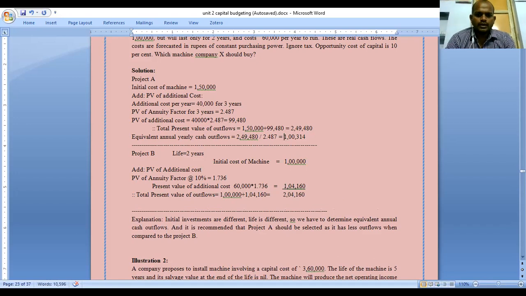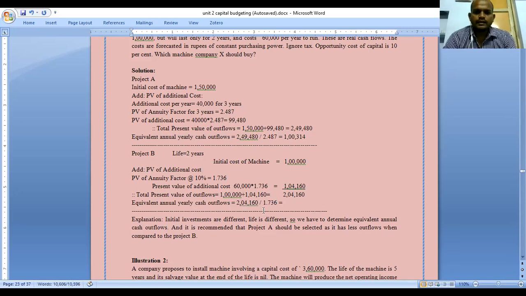Now, equivalent annual yearly cash outflows: we have to divide this total cash outflow with the annuity factor 1.736.